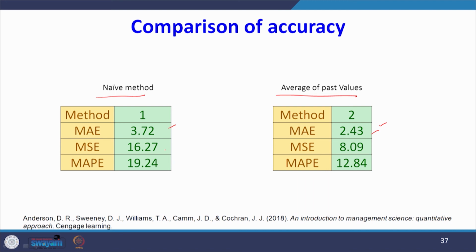Mean squared error, this is 16.27, this is 8.09, again the average of past value method is better. For mean absolute percentage error, this is 19.24, here it is only 12.84. So, when we compare, even though the data sets are different, the second method, that is average of past values method, is providing accurate forecast than the naive method.